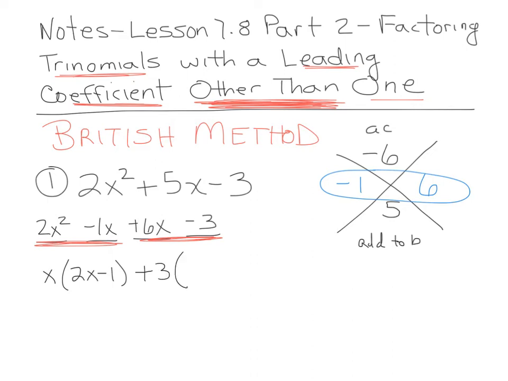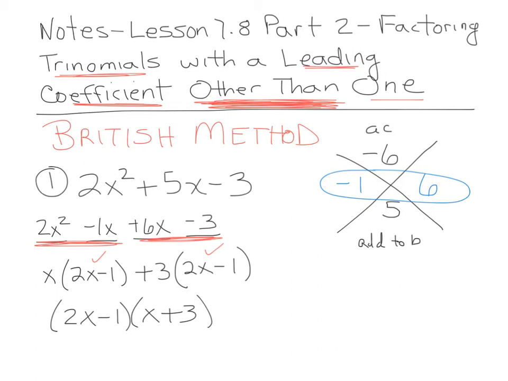And that will leave me 3 times 2x minus 1. These match, so the matching quantity goes next, and what's left is x plus 3. So when there's a leading coefficient other than 1, we have to use the British method, which is the four blanks, but adding in this little X might help you a little bit.